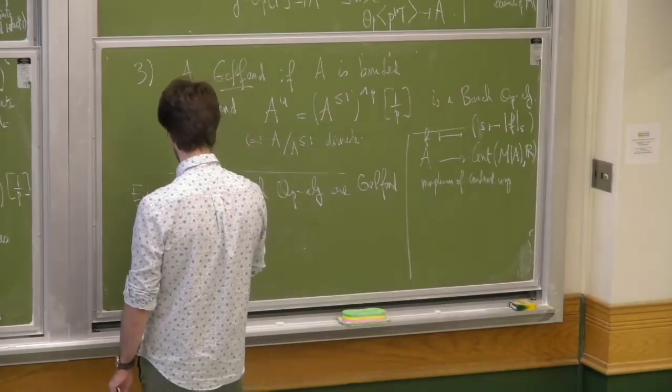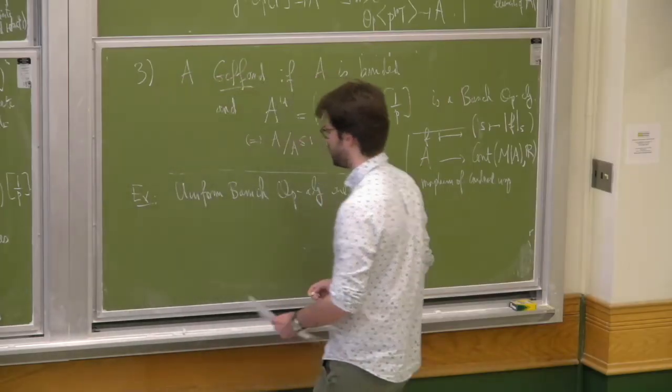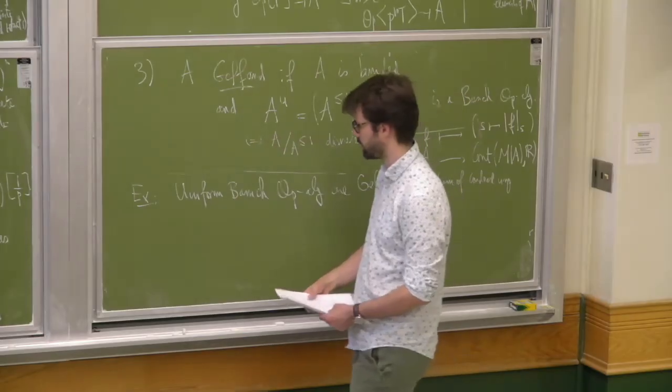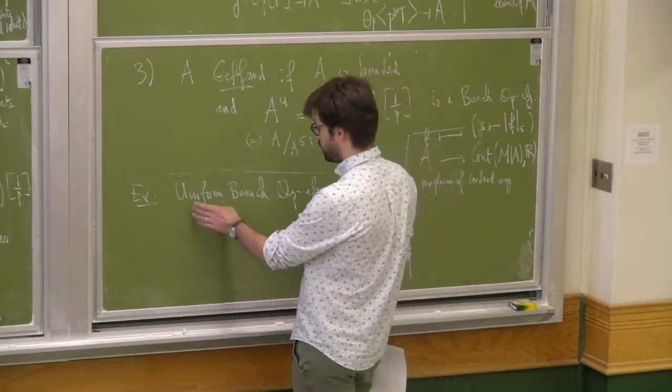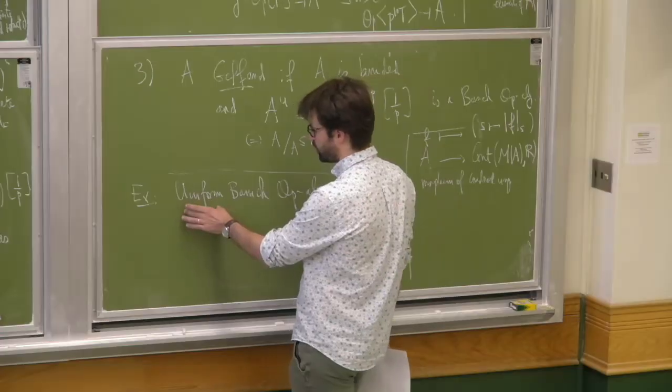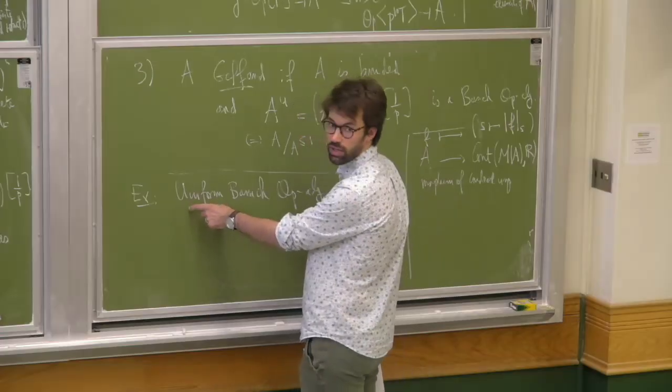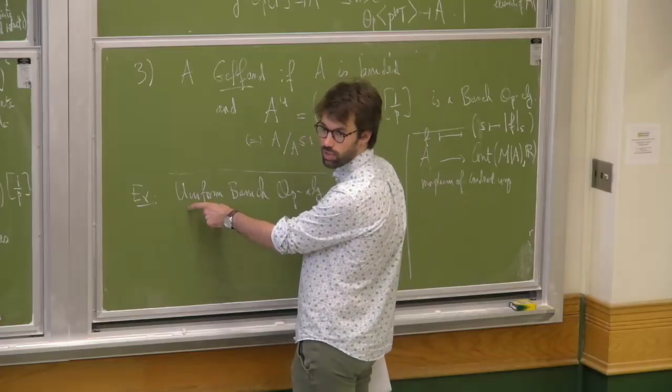So, for example, what's uniform? Uniform means, well, there are several equivalent characterizations. One is that the spectral seminorm is a norm and induces the topology of the Banach ring.